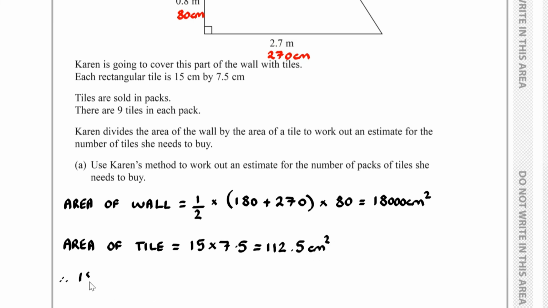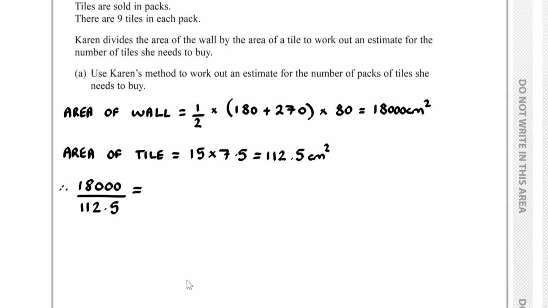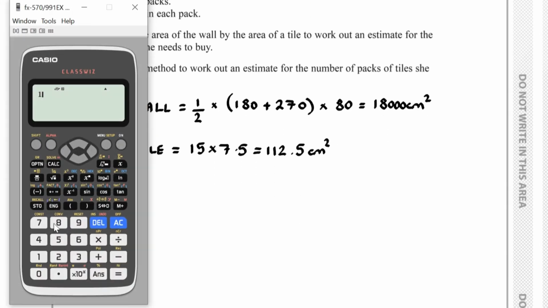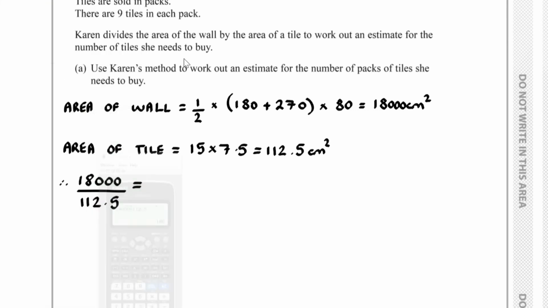And therefore, if I do 18,000 divided by 112.5, we get 160. So 160 tiles are needed.